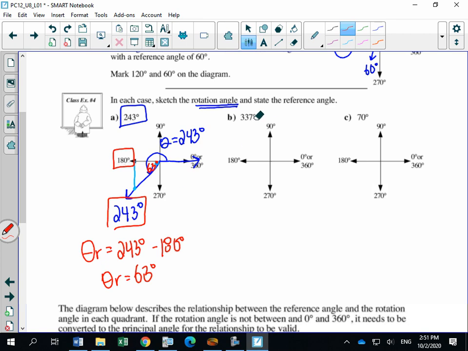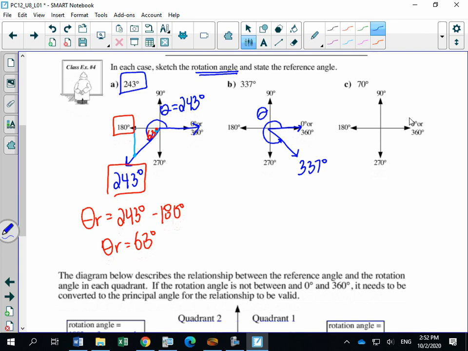B, 337 degrees. We know that this is 270 degrees, so we're going to be in the fourth quadrant. So I've got my initial arm, and it's going to open up, and it's going to terminate in quadrant 4. So this would be 337 degrees. That is theta, right? So that is my angle in standard position. That's my rotation angle.